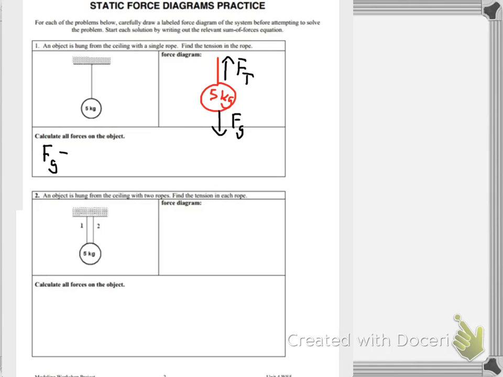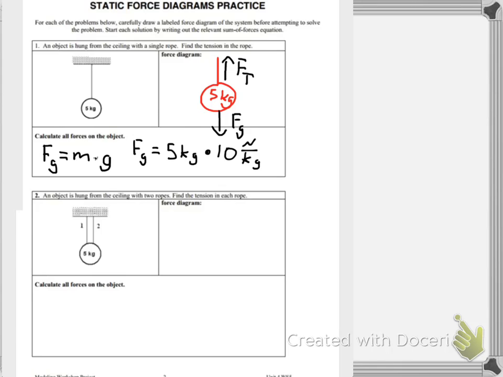is always equal to the mass of the object multiplied by the gravitational field strength, G. On Earth, this number is 10 newtons per kilogram, so I can say that the force due to gravity on this object equals 5 kilograms times 10 newtons per kilogram.